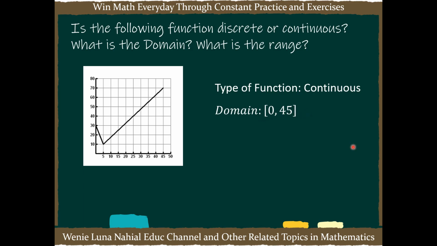That's our domain. Now, for the range, you can see that aligned to the y-axis, the lowest point here is aligned to 10, and the last point here is aligned to 70.